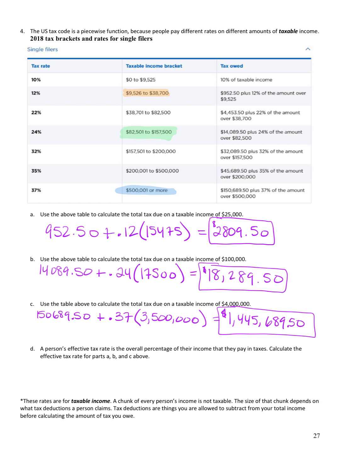For part A, we take the 2,809.50 and divide by the income of 25,000. That tells us what percentage of their income they pay in taxes, and you get about 11%.